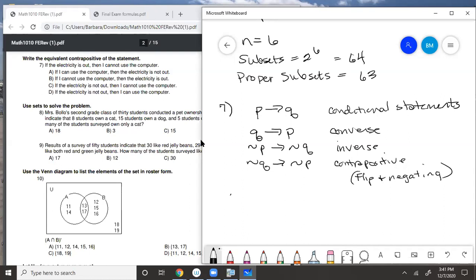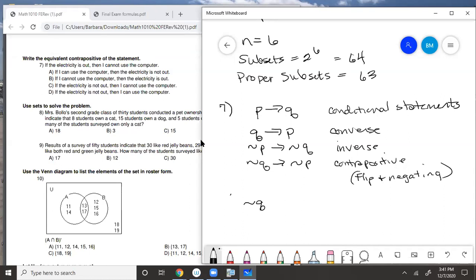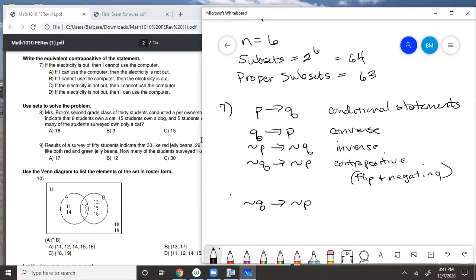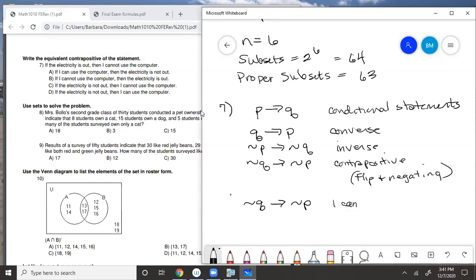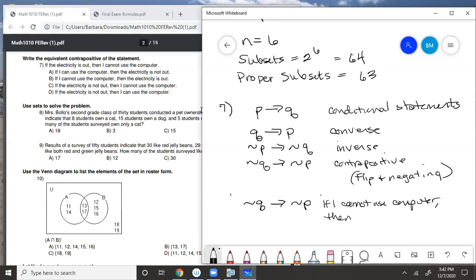So we want to write in words what is not Q then not P. All right. So not Q would be I cannot use the computer, right? And this is a conditional, so we say if I cannot use a computer, then now we're going to negate P. The electricity is not out.